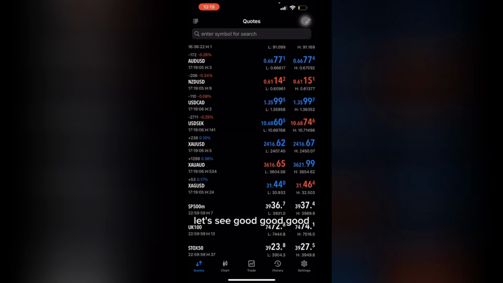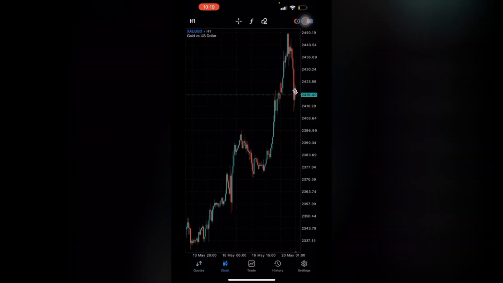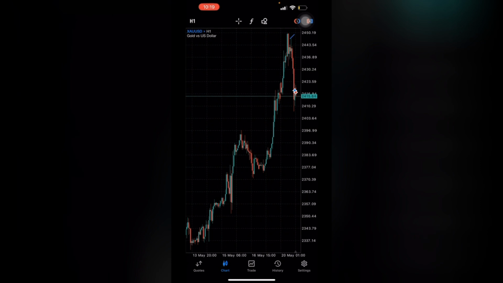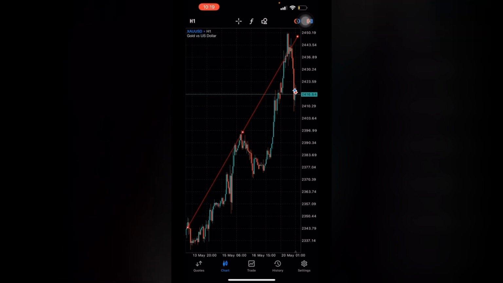Let's see. Gold. This is a trend line. Now I'm going to draw another trend line.